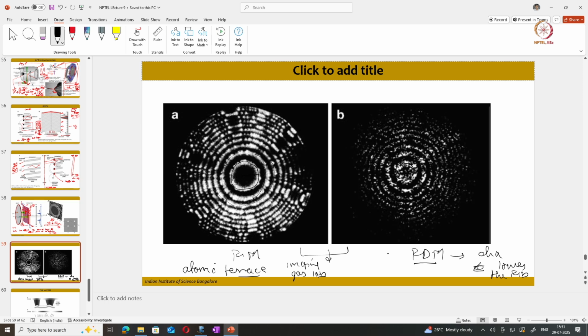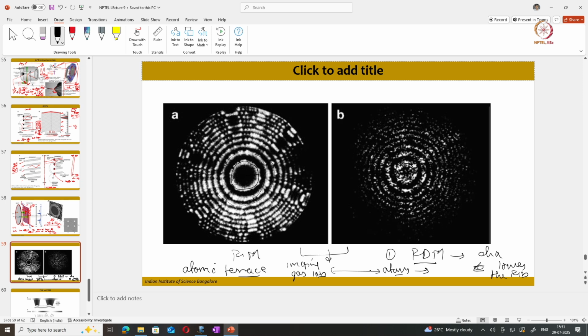But in field desorption, the atoms actually attached to the lattice of the tip surface get polarized, and these atoms get field evaporated. So there is a difference in the trajectory, and in the contrast we see on the detectors.